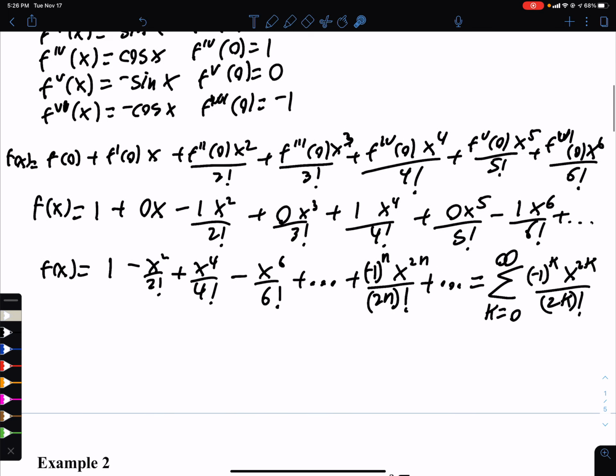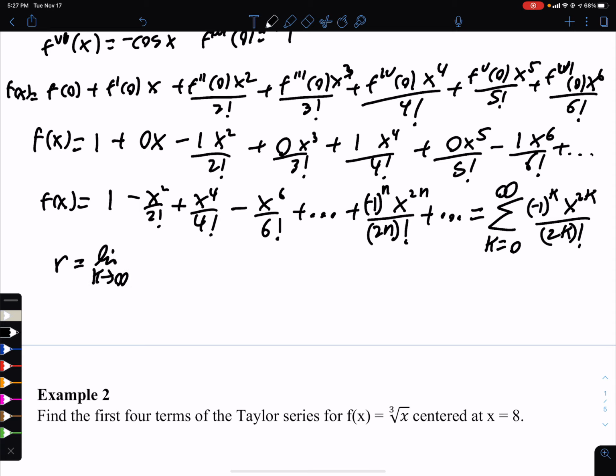So looking at the fact we have factorials and exponents, we are going to use the ratio test. So R is the limit as k goes to infinity, and it's absolute convergence. So we add k plus 1, or add 1 to all the k's.